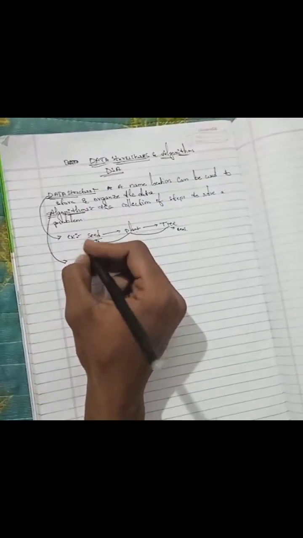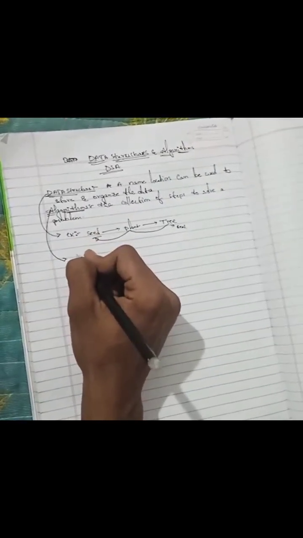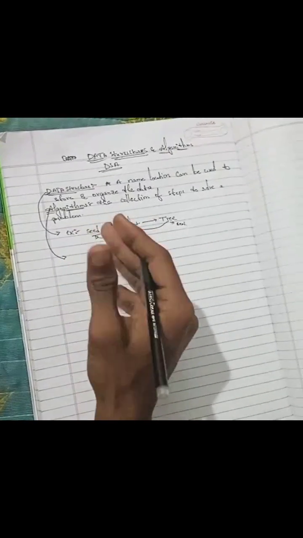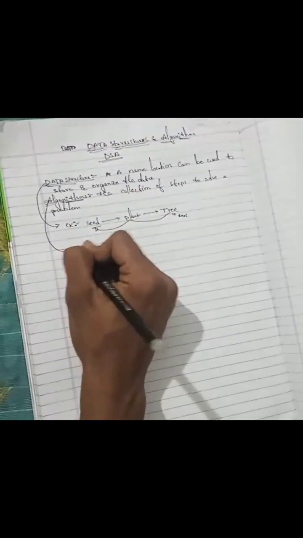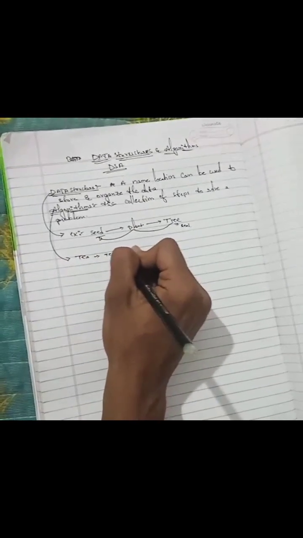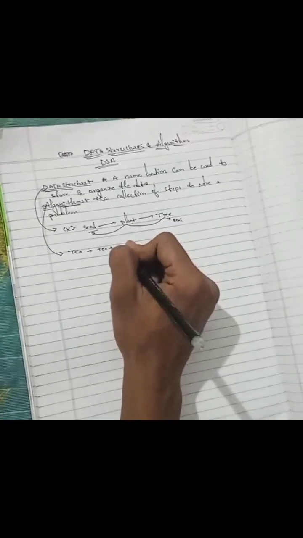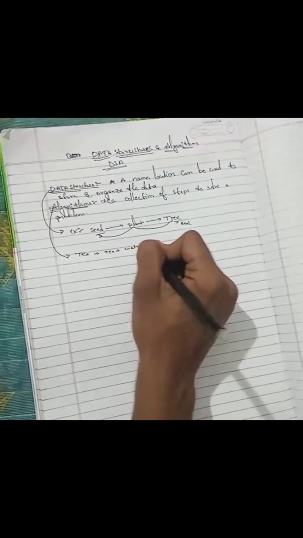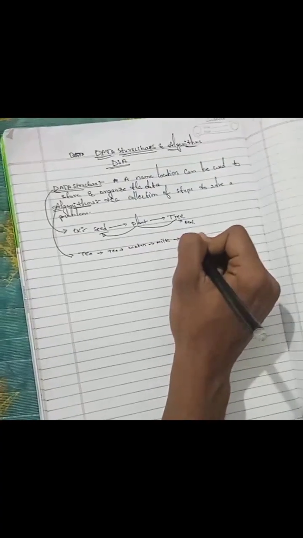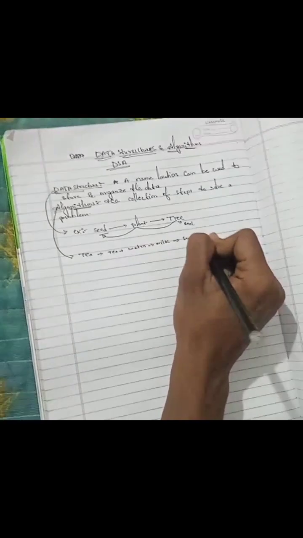For algorithms, suppose we need a tea. First we prepare tea powder, and we need tea powder, water, milk and sugar.